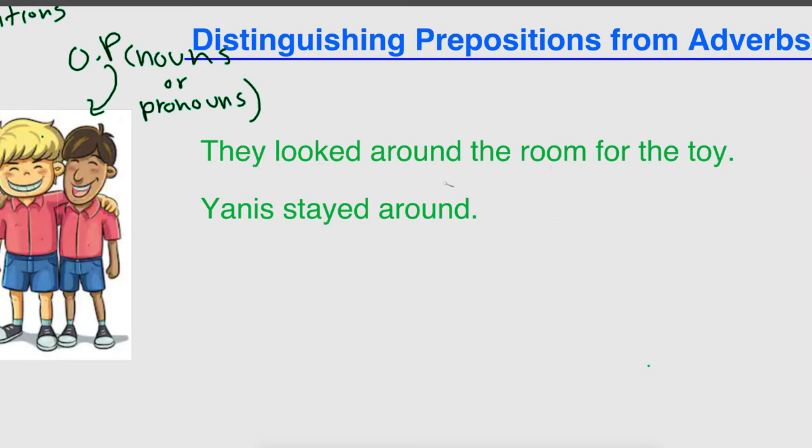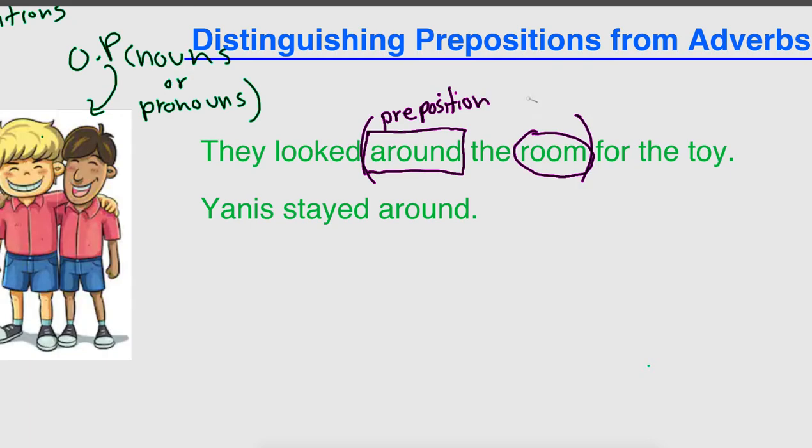Around. What's the object afterwards? The room. Yep, the very next noun is usually the object of the preposition. So here's my prepositional phrase: this is the preposition, and this is the object of the preposition.